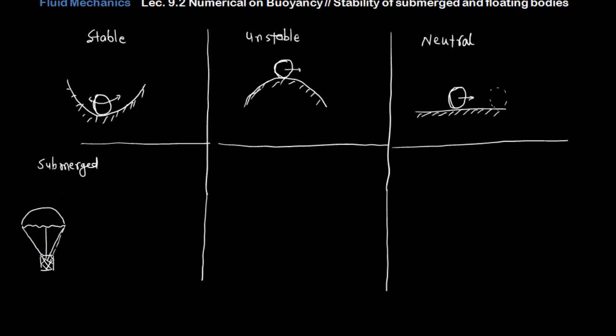Obviously we can say that the total weight of this parachute is acting at this portion. So this is the center of gravity, where the total weight acts, obviously in the downward direction.